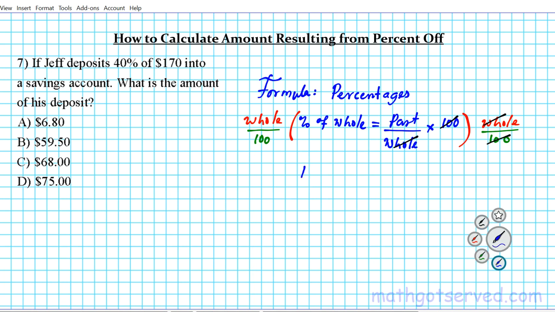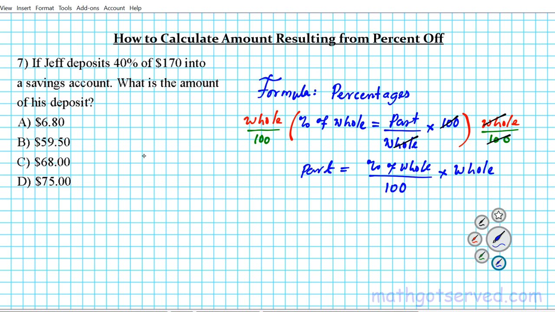Formula 2: the part is equal to the percentage of whole, or percent of, divided by 100 multiplied by the whole. That's the amount that percent of represents.